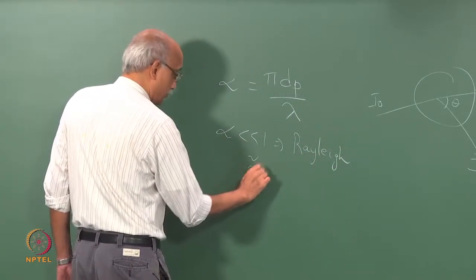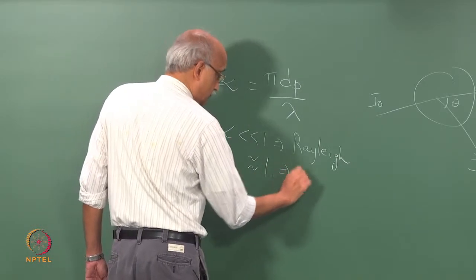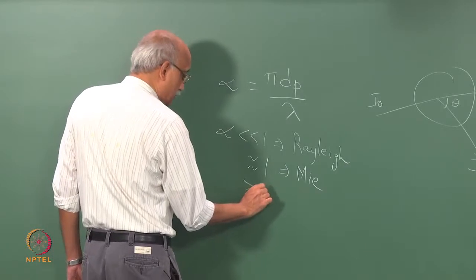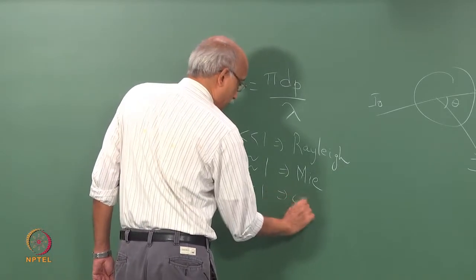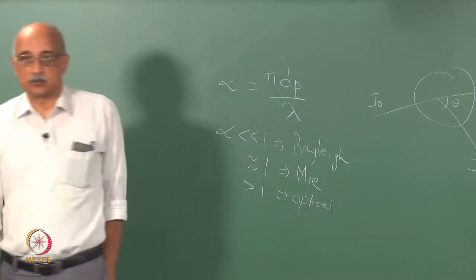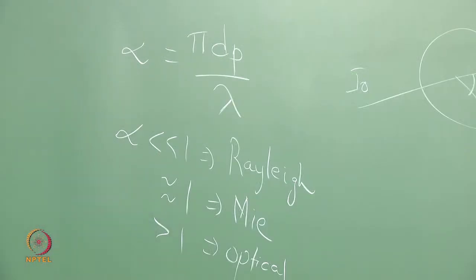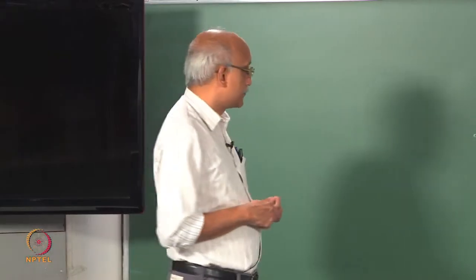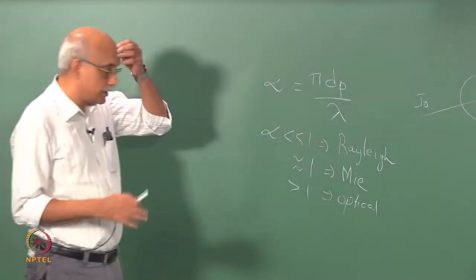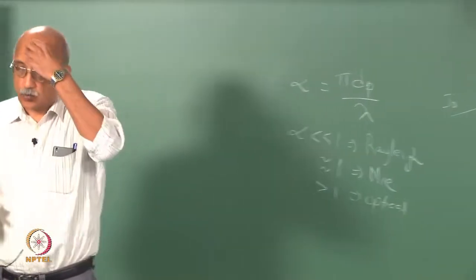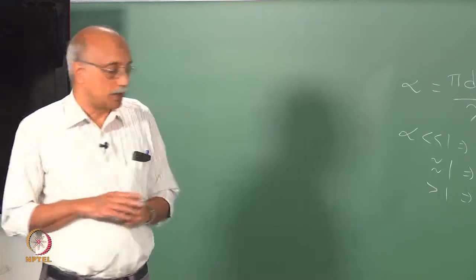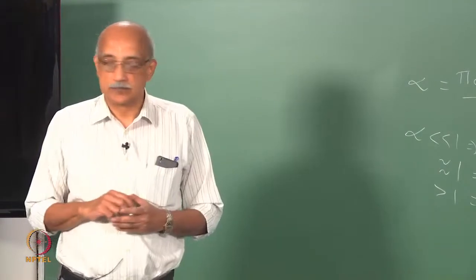When it is of the order of 1, it is called the Mie scattering regime. And of course, when alpha is greater than 1, the particles are large enough that you are in the optical range. So essentially the laws of optics will start applying. But when alpha is much smaller than 1 or of the order of 1, then a different scattering regime is involved and different laws apply.